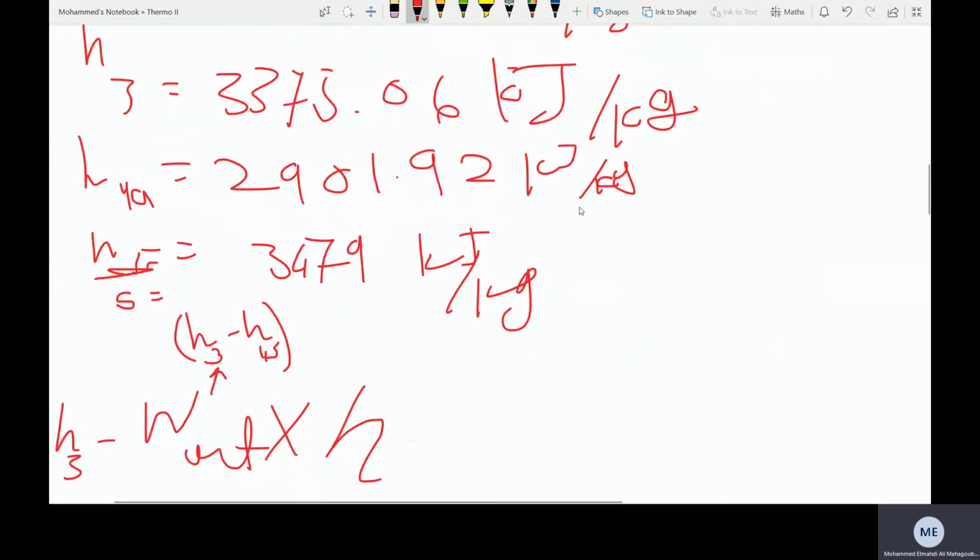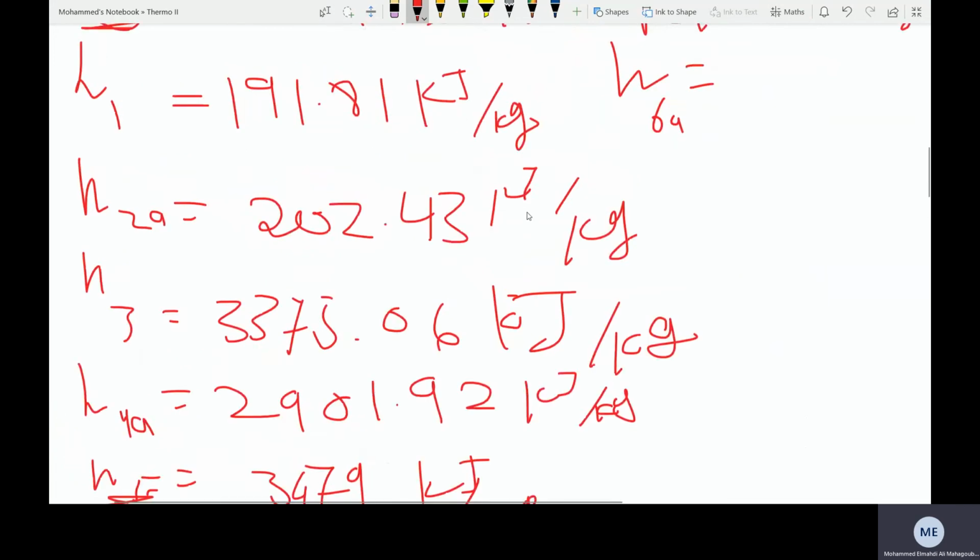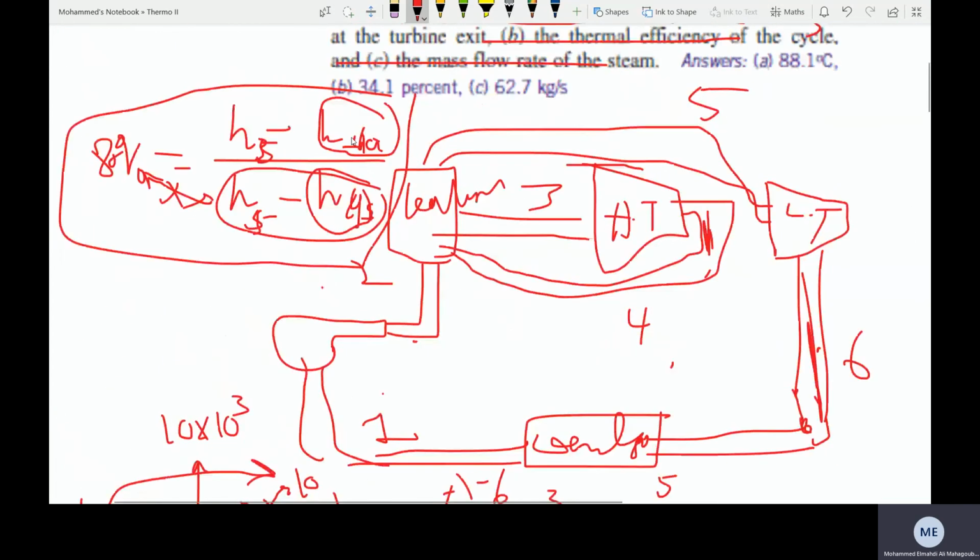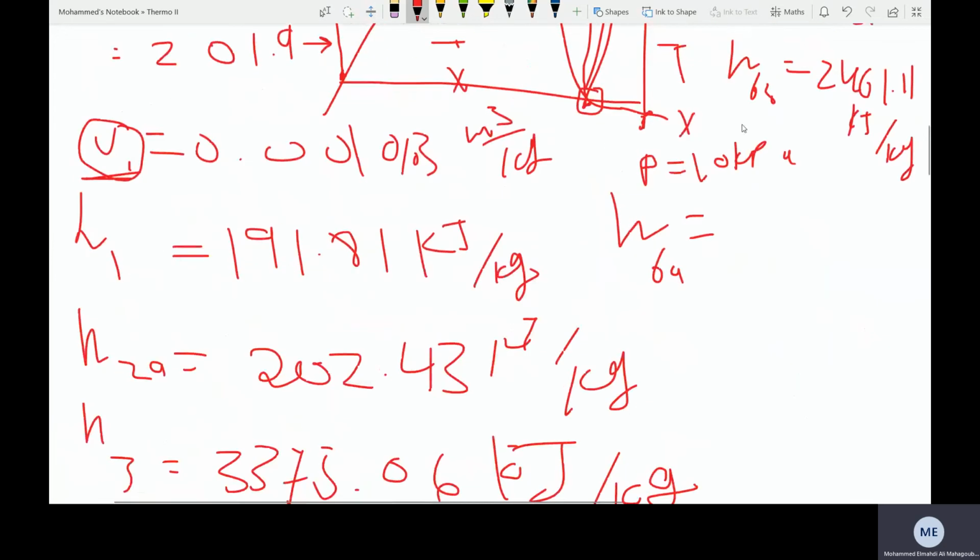It's 3479, minus the actual H6, which is what I want to find, over 3479 minus H6S, which is 2461.11, and then shift solve to get your new H. So this one is 2664.688 kilojoules per kilogram. This is our H6A.